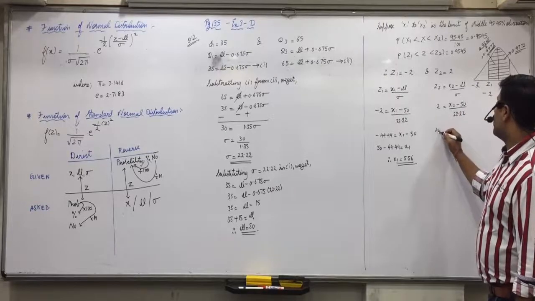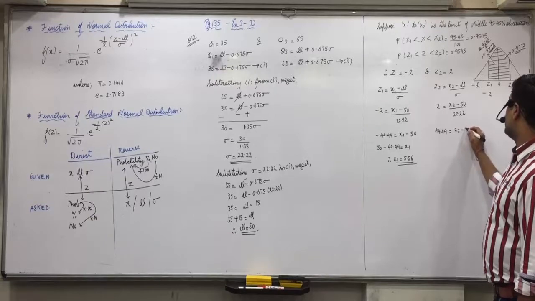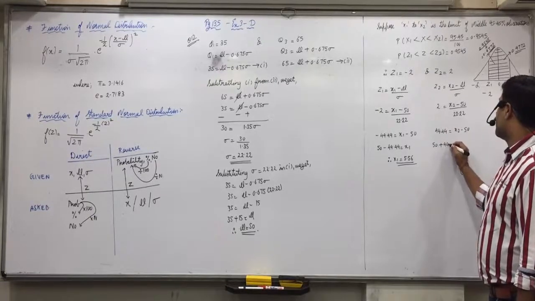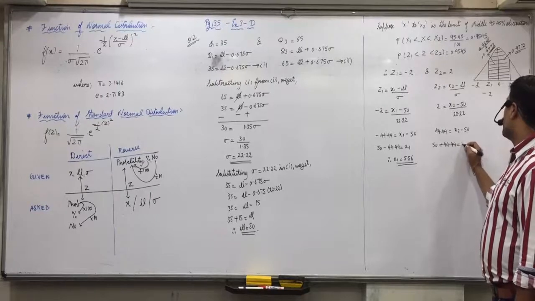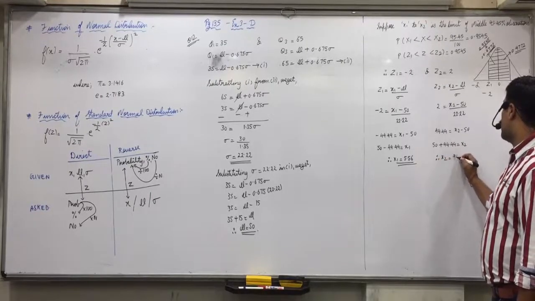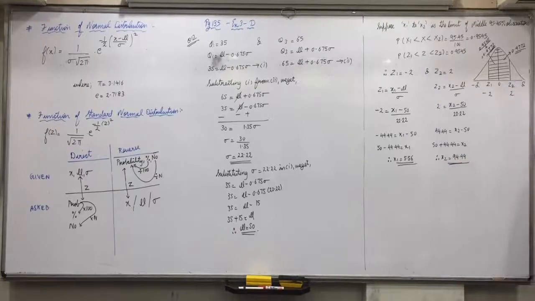Now again 44.44, 22.22 into 2. x2 minus 50 on the other side becomes plus. So now x2 comes to 94.44. So understood the mixed question, all of it, 10 and 11 makes this 12.